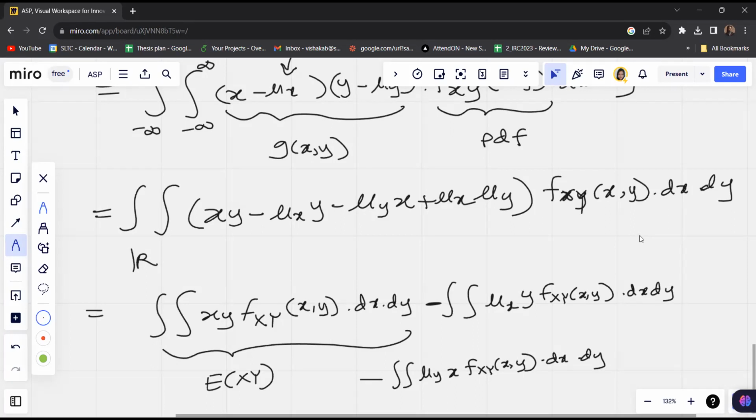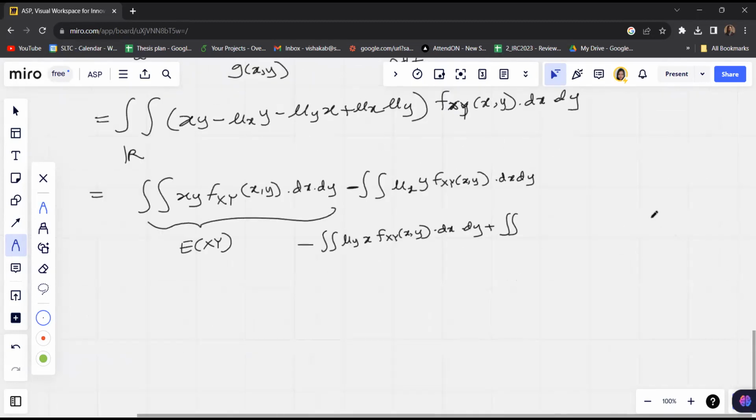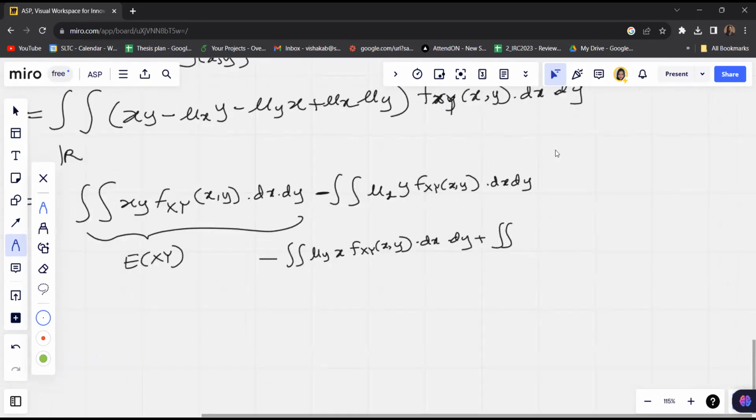Finally, I will get the plus sign and this expression where mu_x mu_y will be multiplied with f_XY(x,y) dx dy. So these mu_x mu_y we can denote as E[X] E[Y], right? And these are constants, we can take them out.